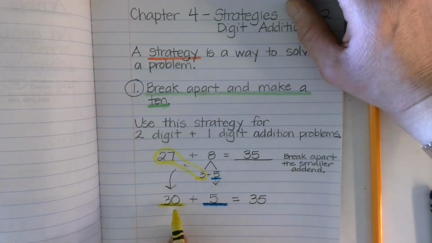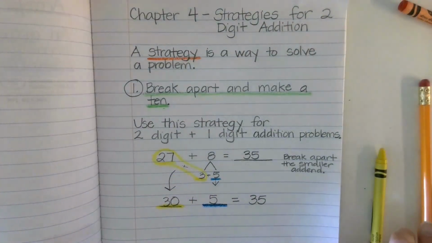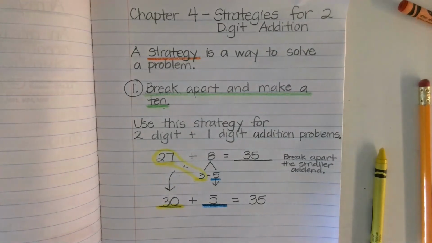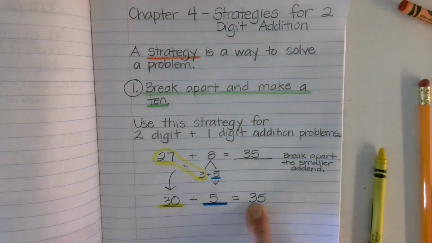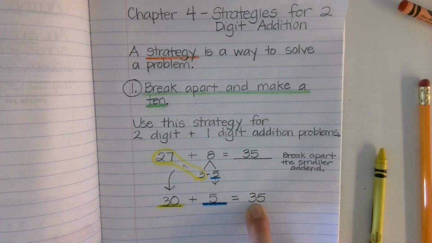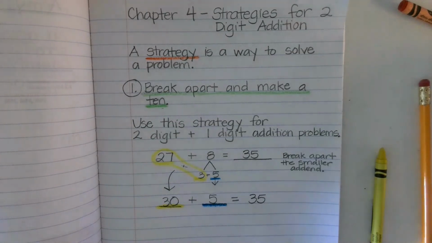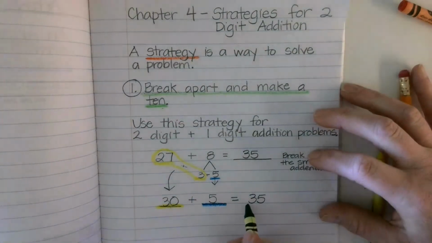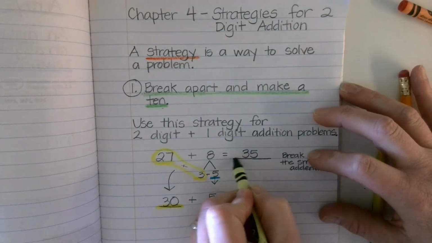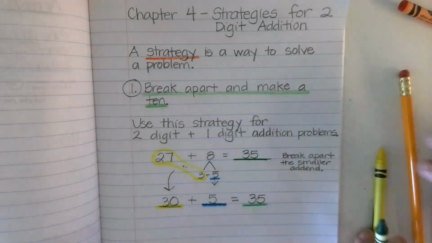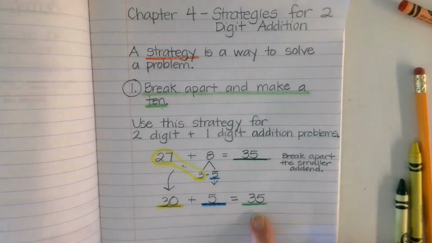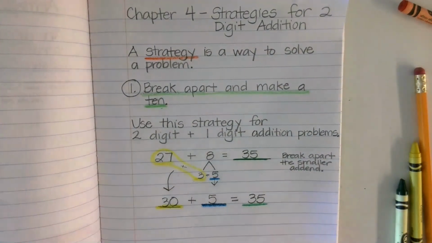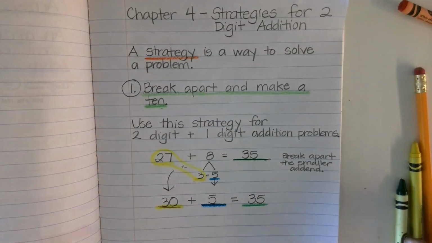That 27 plus 3, right there. Okay, and then our sum became 35. All right, and we can do that. I like to do that in green because yellow plus blue is green. When those two add together, they become green.